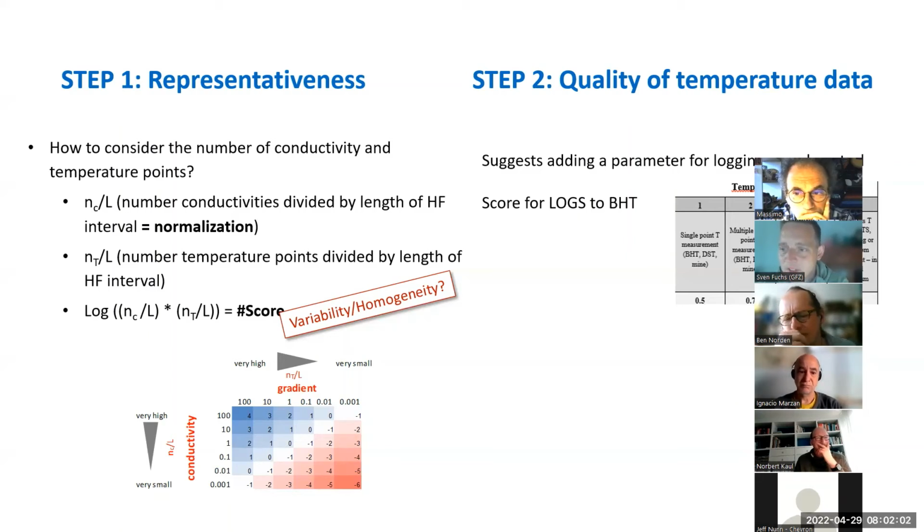I don't know whether it occurs that we have several Drill stem tests in a heat flow interval, probably a theoretical situation. But probably we could refine this by differentiating between perturbed BHTs and unperturbed, or perturbed BHTs because they are in most cases perturbed, and corrected ones, and separate those from the drill stem tests.